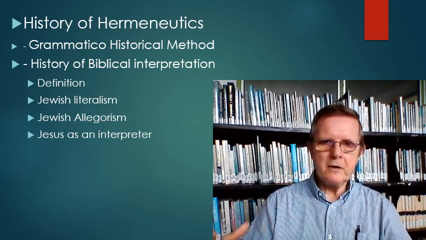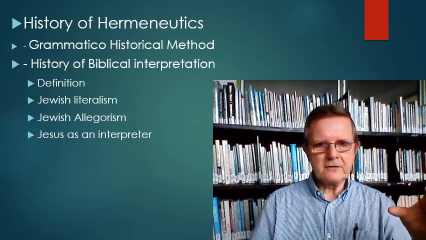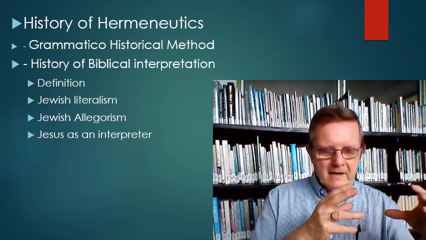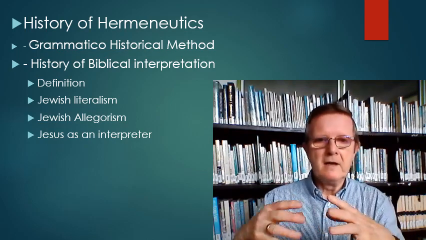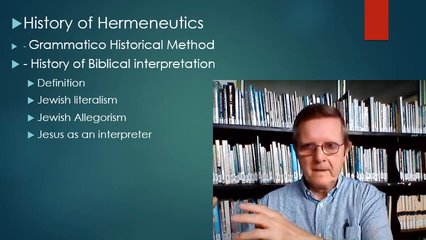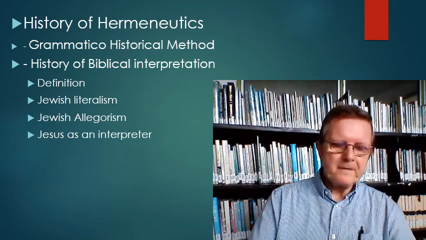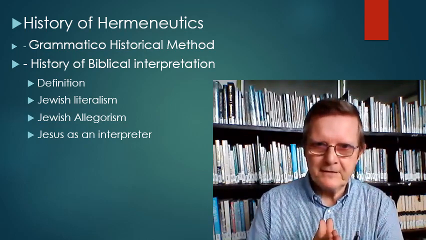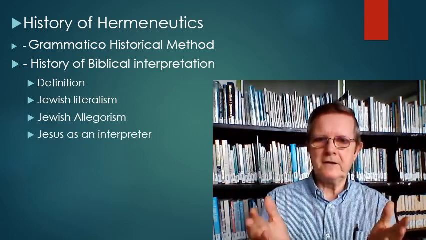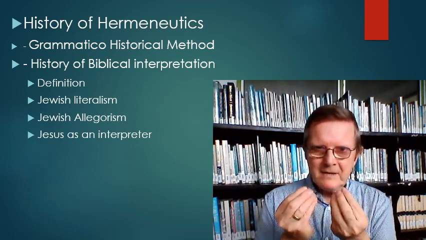So he brought those two together, and so that's why we have this grammatical historical method, or grammatical historical hermeneutic, or the grammatico-historical method. Okay, it's just different wordings or different names for the same idea.